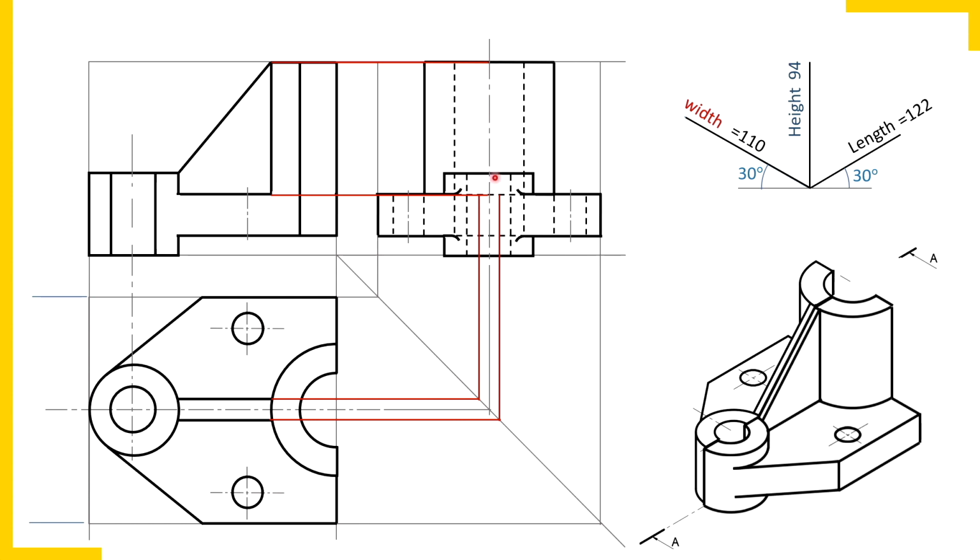Now we draw that 10 millimeter strip in between these two projectors, because whatever the height of the trapezoidal plate in the front view, the same height will appear here. That is why we have drawn these two red colored projectors. So this is how I have completed it.